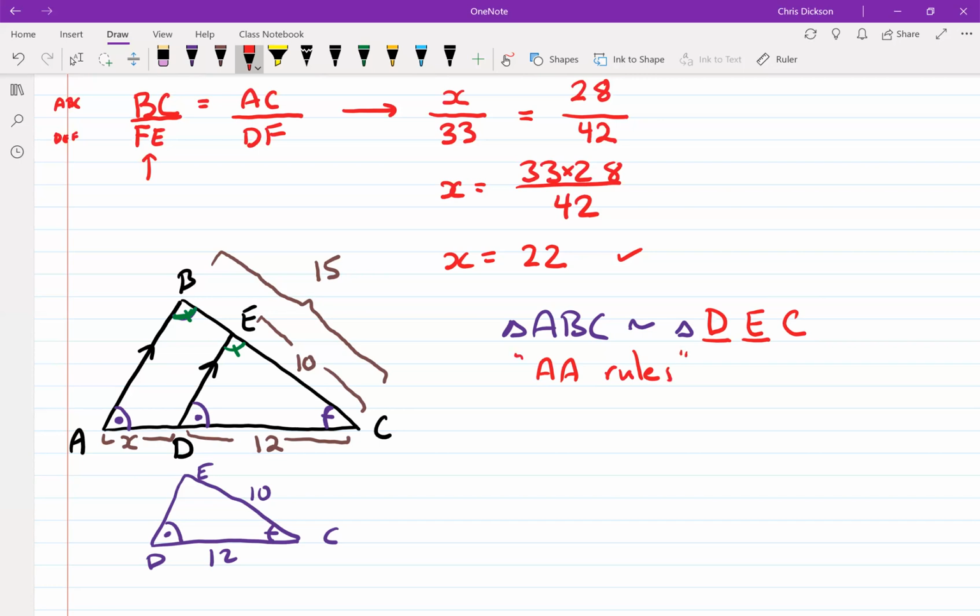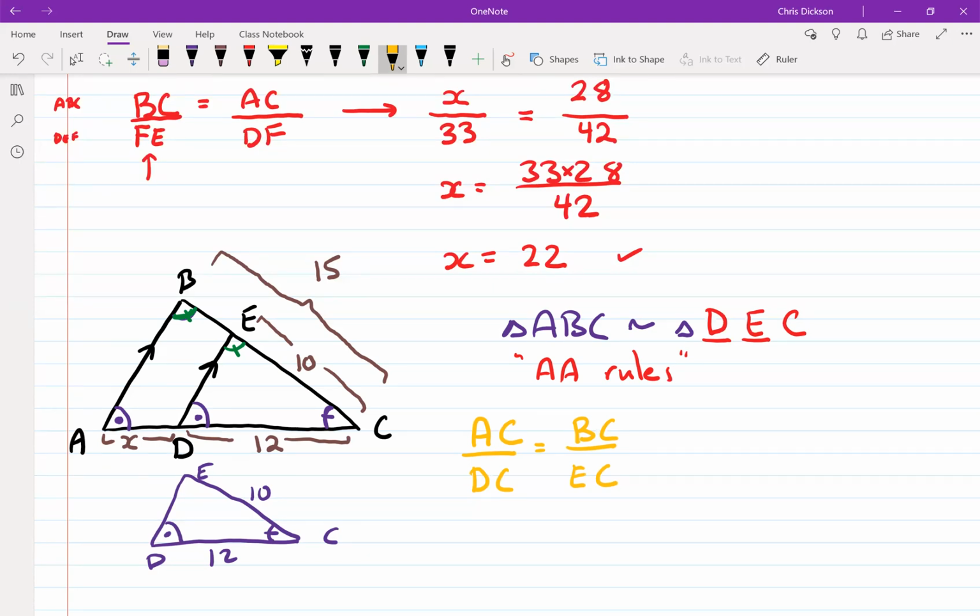I'm trying to find x here. So let's take a look at our diagrams. What I'm trying to solve for is x, but that's actually side AD. So I'm going to look at side AC, and divide that by side DC. That's going to equal the same as the big triangle, BC, divided by the smaller triangle, EC, or CE if you want.